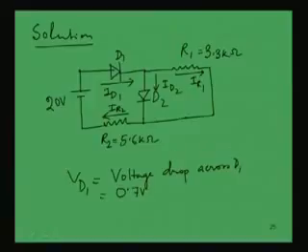Similarly, VD2 will also be 0.7 volt. These two diodes are made of silicon, so they have the same drop across them. Now, if we consider the voltage drop across this resistance R1, the voltage drop between these 2 points is 0.7 volt. So, if we divide this voltage by this resistance 3.3 K, I can find the current IR1.